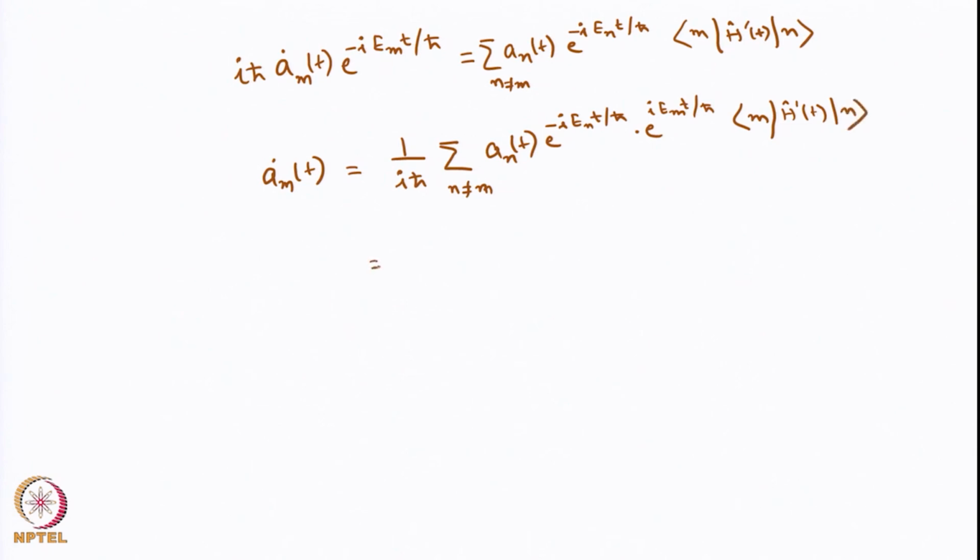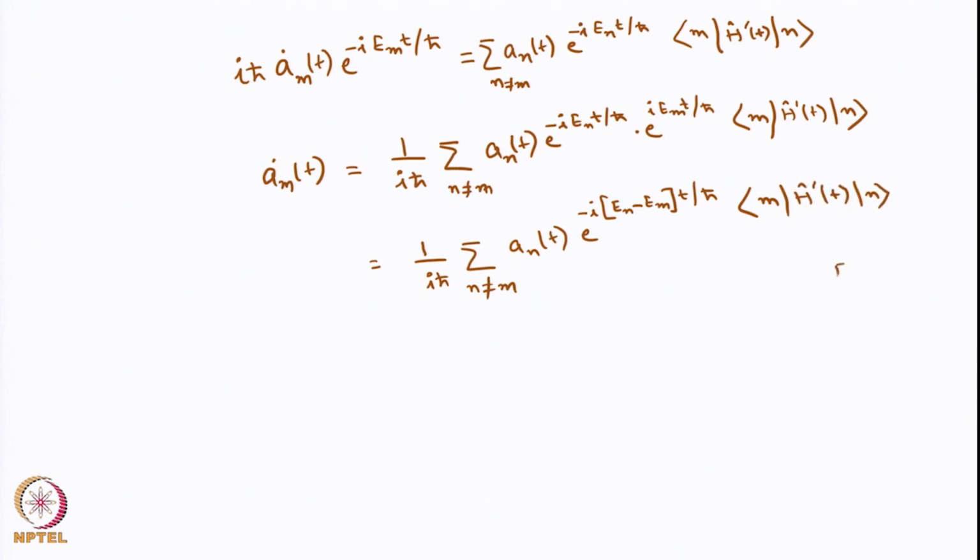So, this is equal to, now if I write this, 1 over iħ sum over n not equal to m of a_n(t) e to the power of minus i (E_n minus E_m) t by ħ, ⟨m|H'(t)|n⟩.